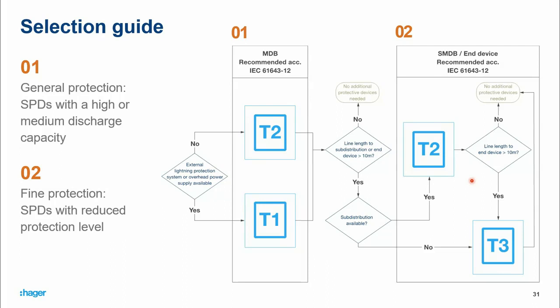And if the end device is greater than 10 meters away, then I choose a type 3. If not, I leave it like that. So one can see how you can easily choose the SPD the right way according to your habits and installation.